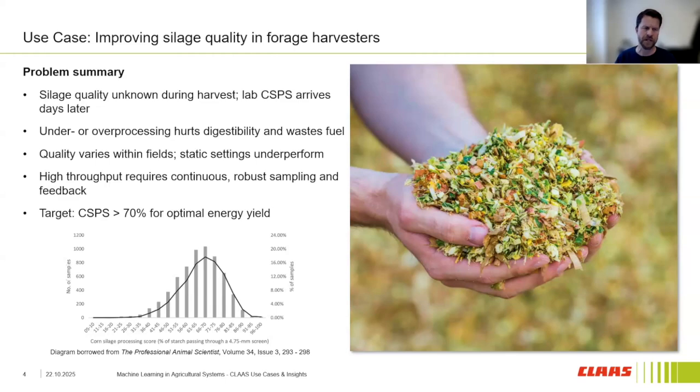And more than 70% means optimal yield. I've shown a diagram below that shows a typical distribution of the CSPS across several hundreds or thousands of samples. It varies from year to year, also depending on sampling laboratory. But in general, the process is standardized and the same.